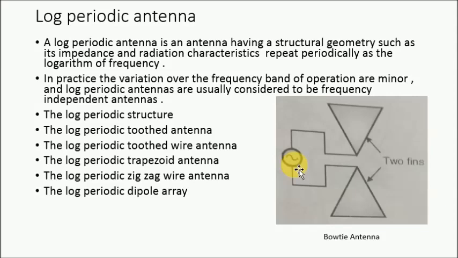It is the planar version of the finite biconical antenna. You remember, this is nothing but the planar version of the finite biconical antenna. The current at the input terminal decreases slowly away from the input terminals, but this current is abruptly terminated at the ends of the fins. This results in limited bandwidth, so it is not a truly frequency independent antenna.